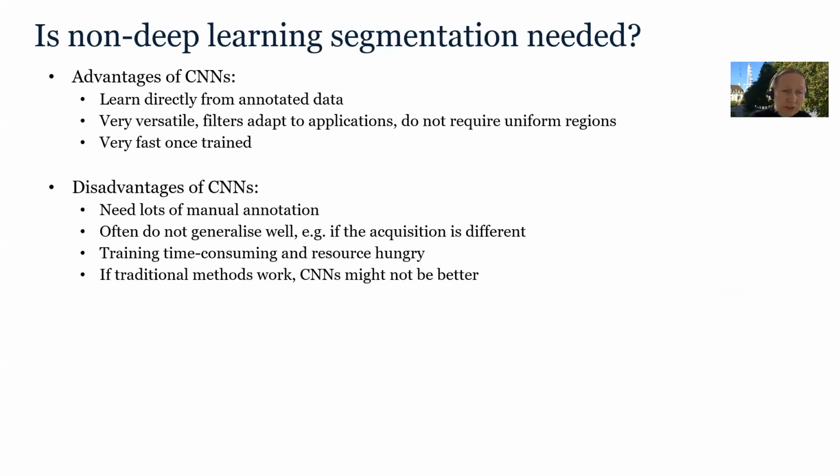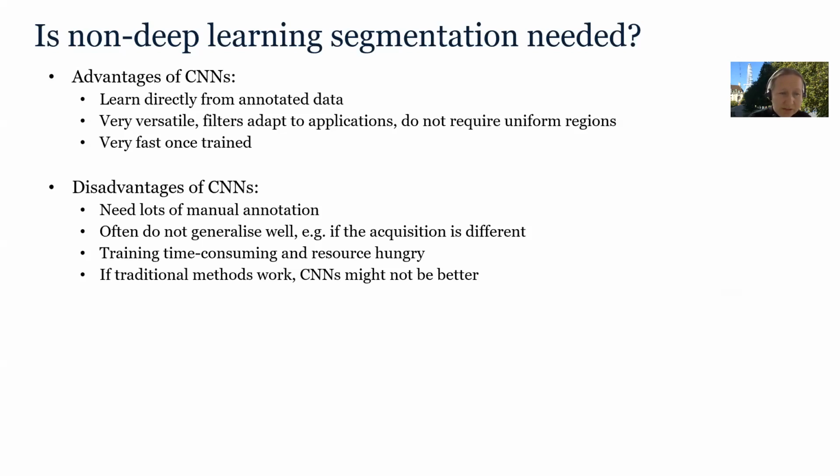But there are also disadvantages of using CNNs. We need a lot of training data with manual annotations, and this is often a problem in medical imaging, because obviously we struggle with the amount of data that we have, and we also struggle with the amount of manual annotation because it's very labor intensive.